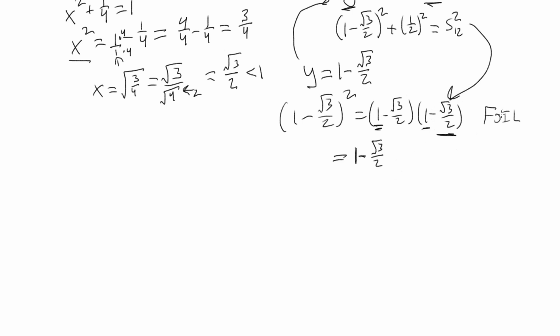And then the inner ones, that's the I, we get minus square root of 3 over 2 and a 1. So we get another one of these guys. And then we get the last terms. So negative square root of 3 over 2 times negative square root of 3 over 2. So a negative times a negative is a positive. And square root of 3 squared, or times itself, is 3. And 2 squared is 4.